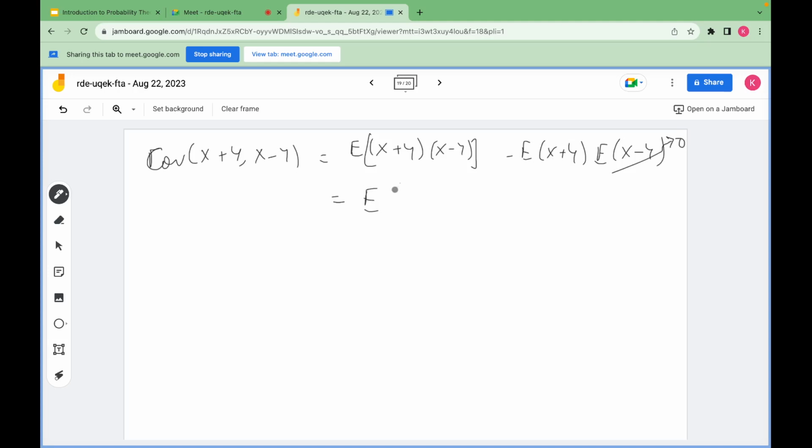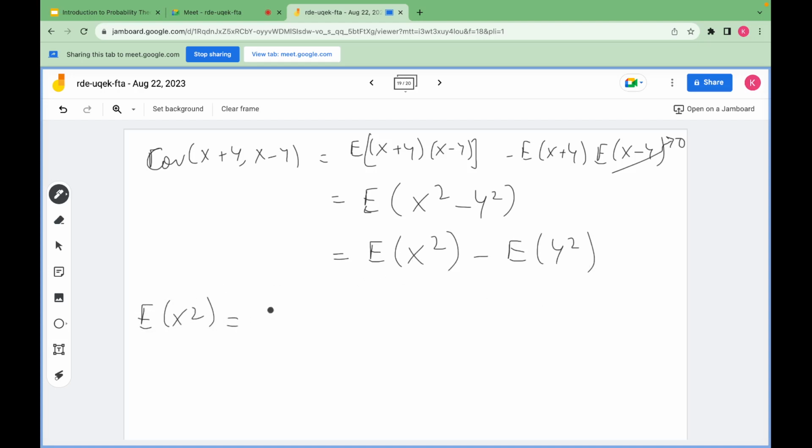Now we just need to find the expectation of x square minus y square. So this is nothing but expectation of x square minus expectation of y square. Now expectation of x square is nothing but sigma x square p x, which is 1 into 1 by 6 plus 4 into 1 by 6 plus 9 into 1 by 6 plus 36 into 1 by 6.